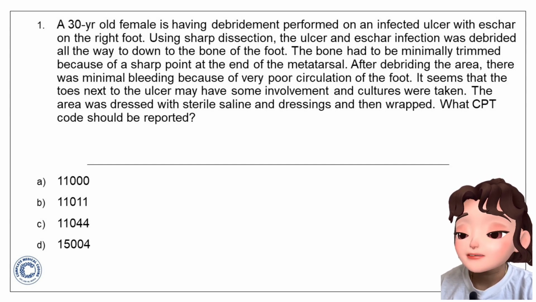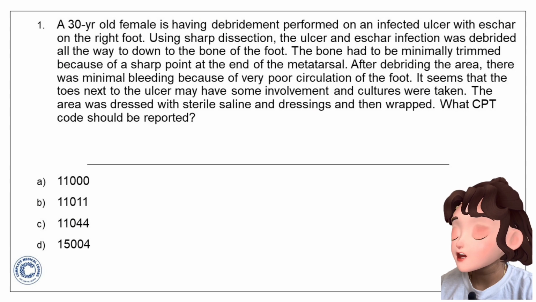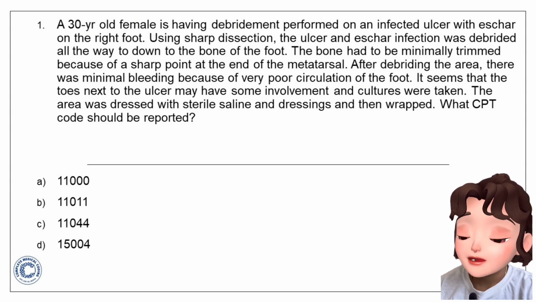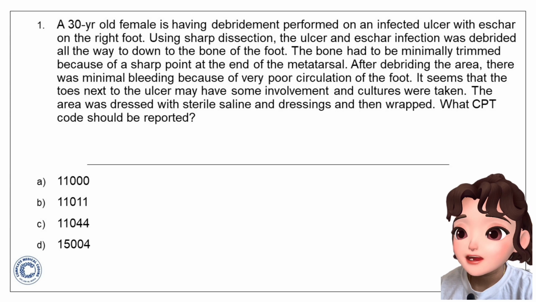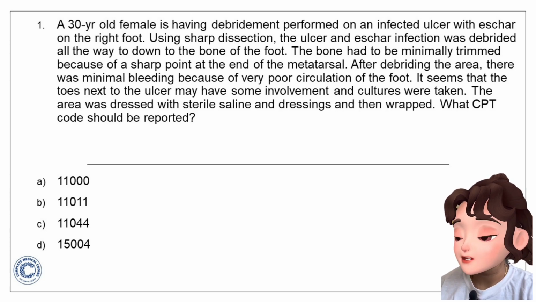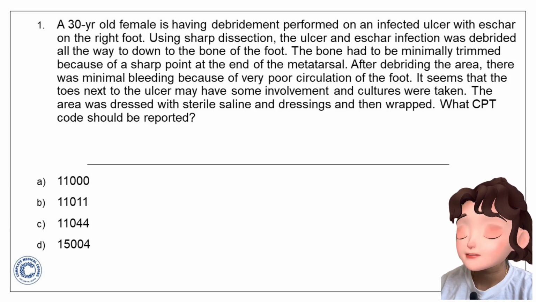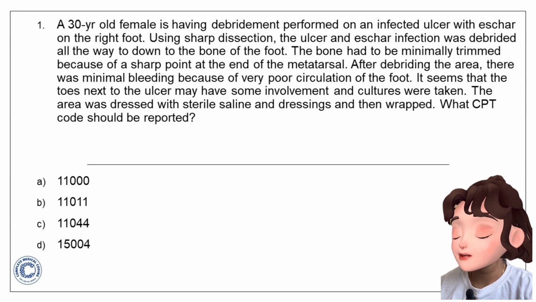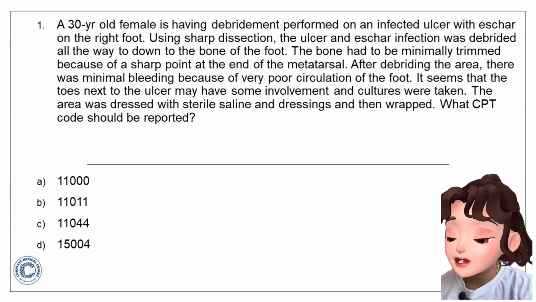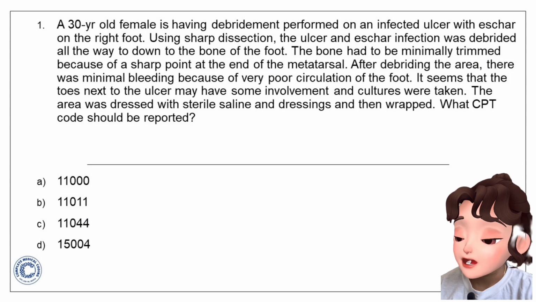What is the last option, last CPT code? 15004. Just take 15004. What is 15004? It's surgical preparation or creation of recipient site by excision of open wounds, burn, SR or scar, or incisional release of scar contracture, face, scalp, eyelids, mouth, neck, ears, 100 square centimeters or 1% of body surface area of infants and children.